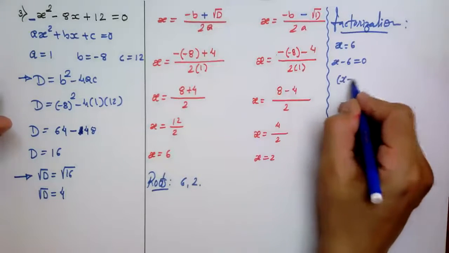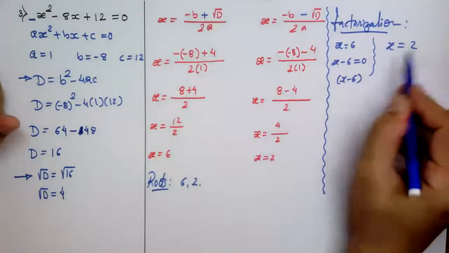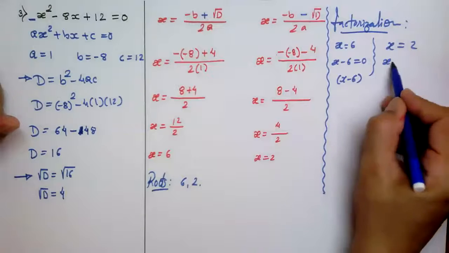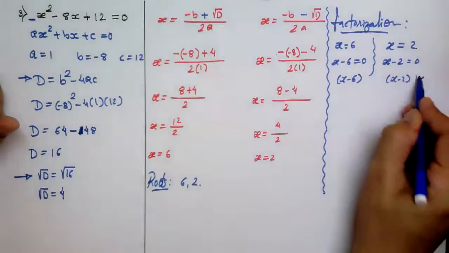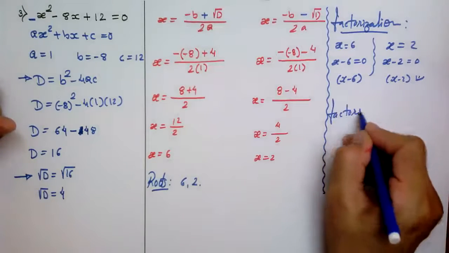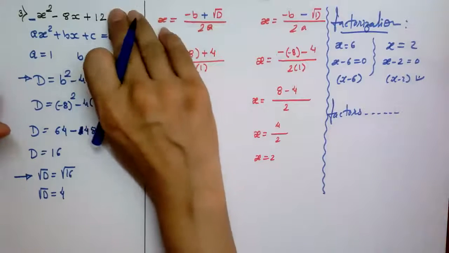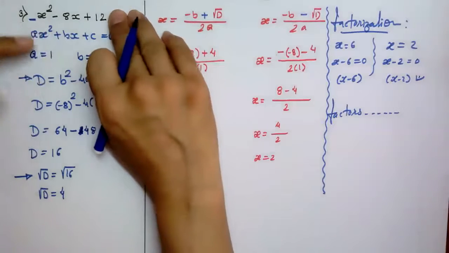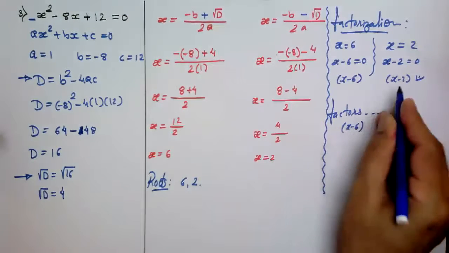So the first factor is x minus 6. X is equal to 2. Bring this 2 on the left hand side, it becomes -2. So the second factor is x minus 2. So the factors of the given quadratic, the quadratic will not be having this 0. So this is the quadratic. The factors of this quadratic are x minus 6 and x minus 2.